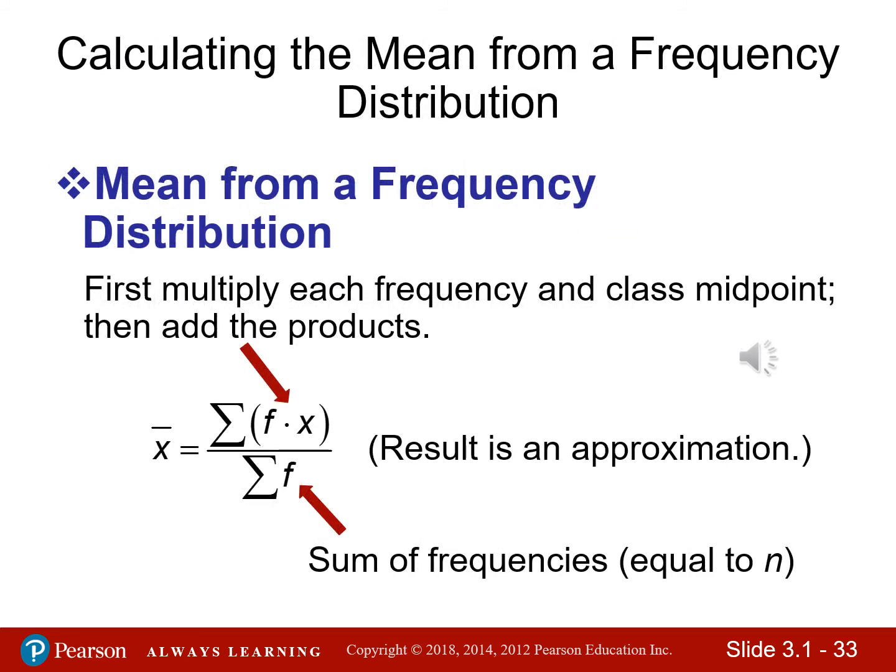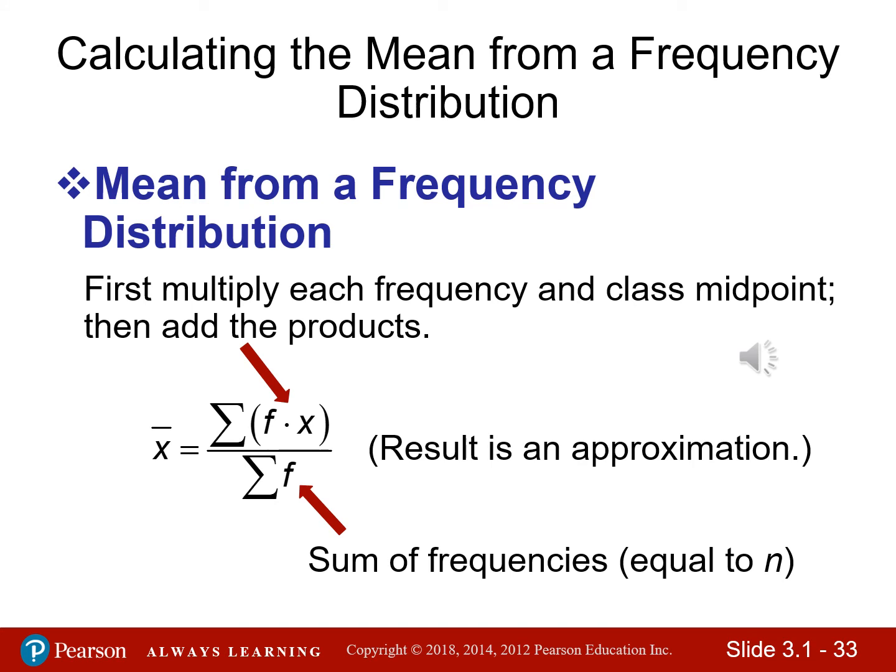When working with data summarized in a frequency distribution, we will make the calculations possible by pretending that the sample values in each class are equal to the class midpoint. So the sample mean for our new formula is x bar equals the summation of the product of the frequency times the midpoint over the summation of all the frequencies.